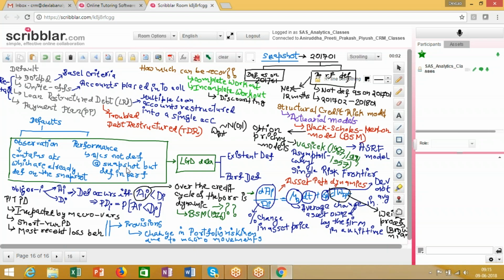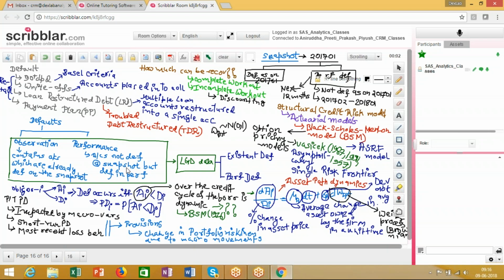So we saw that in Basel, the regulation that we started talking about, an account was considered to be a default if it satisfied one of the following characteristics: either the account was 90 days past due, or it was written off, or it was a restructured loan account, or it was a payment plan.